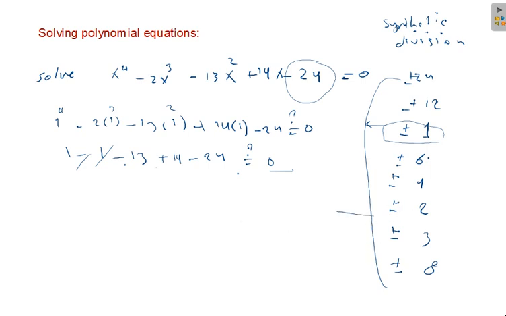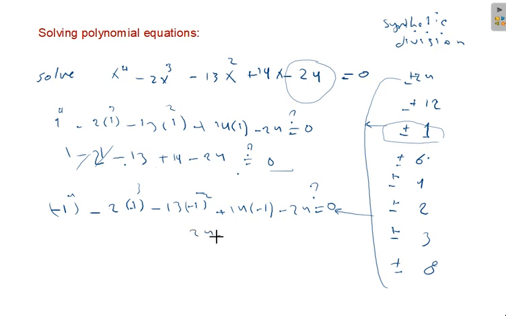Let's try the other simple root, which is minus 1. Minus 1 to the power 4, minus 2 times minus 1 cubed, minus 13 times minus 1 squared, plus 14 multiplied by minus 1, minus 24 is equal to 0.